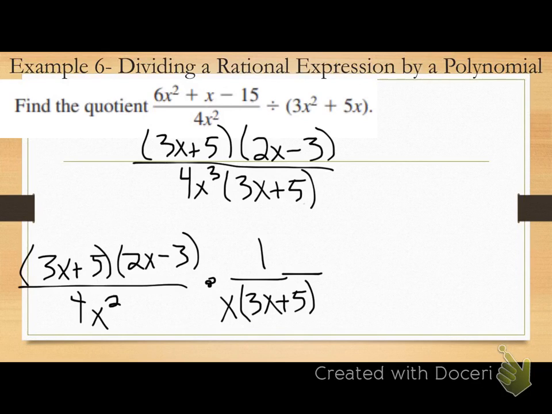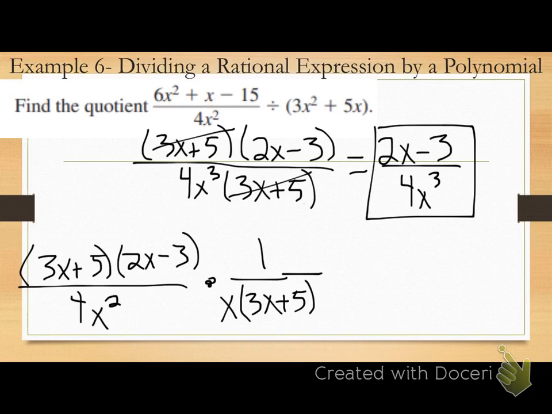Everyone okay with that denominator? Do I have anything that's going to cancel? 3x plus 5, so I'm left with 2x minus 3 over 4x cubed. Here would be my quotient. Any questions on that?